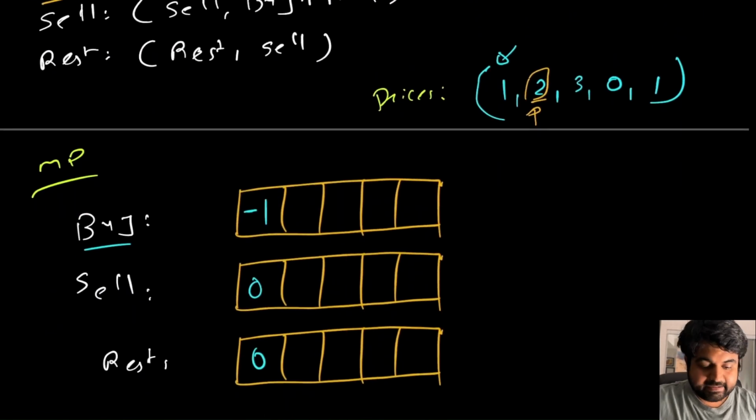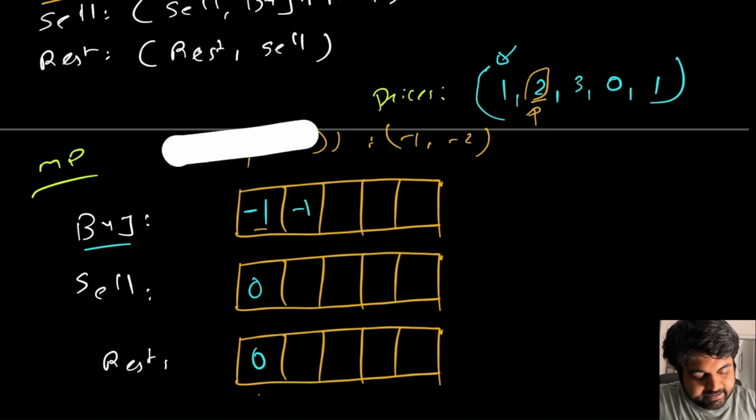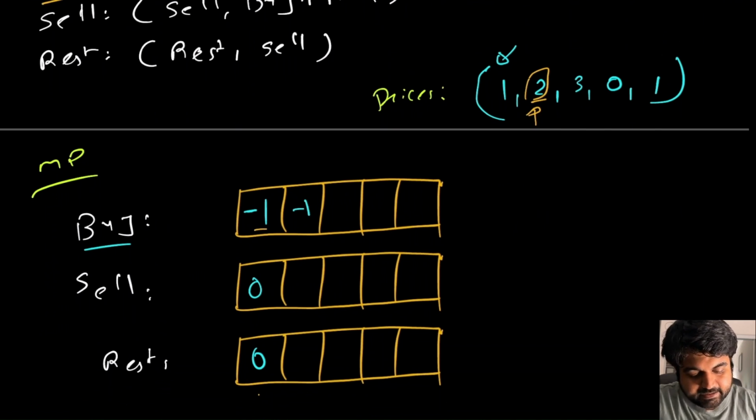So we are comparing the value of -1, the maximum profit made on the previous day, and what if we rested on the previous day, so that was 0 minus the price on the current day, so 0 minus 2. So we are comparing the values of -1 and -2. What is the maximum profit we can make? Well, of course, it is going to be -1, so we can simply mark -1 in the buy array.